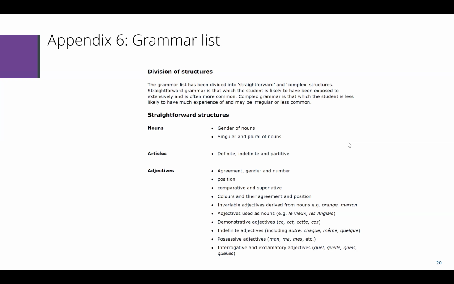You can see here are straightforward structures, and it says at the top that the list is divided between the straightforward and complex. The straightforward grammar is the sort of stuff that they will be exposed to on a regular basis. And the complex structure is what it says there really. I'll give you an example of some complex structures.